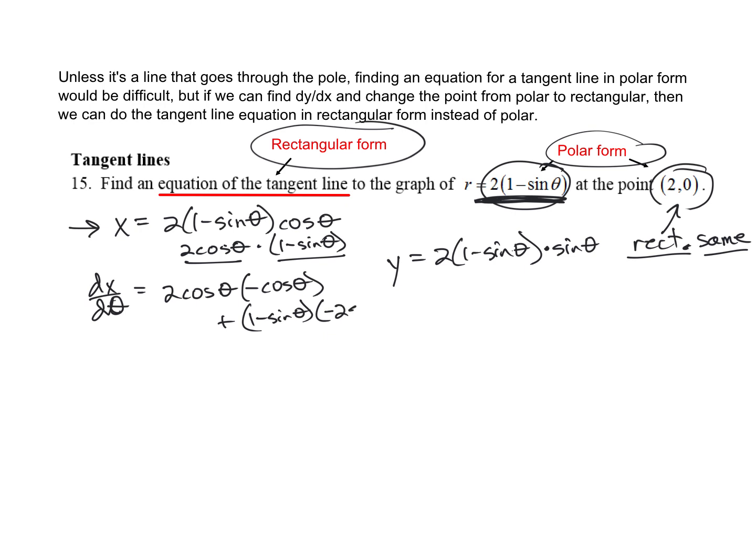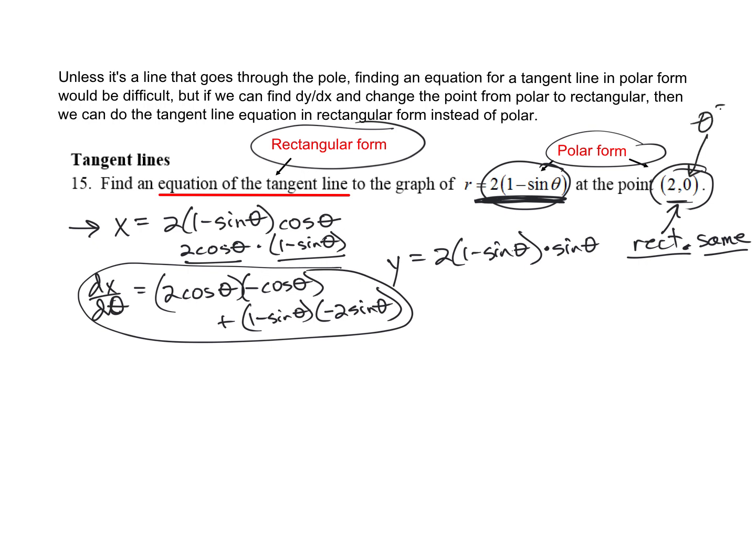Right, negative 2 sine of theta. Okay, so there's our dx/d theta. You don't even have to simplify it if you don't want to. Okay, and then because we're going to be plugging something in for it, we're plugging in our theta. Theta in this case is 0.